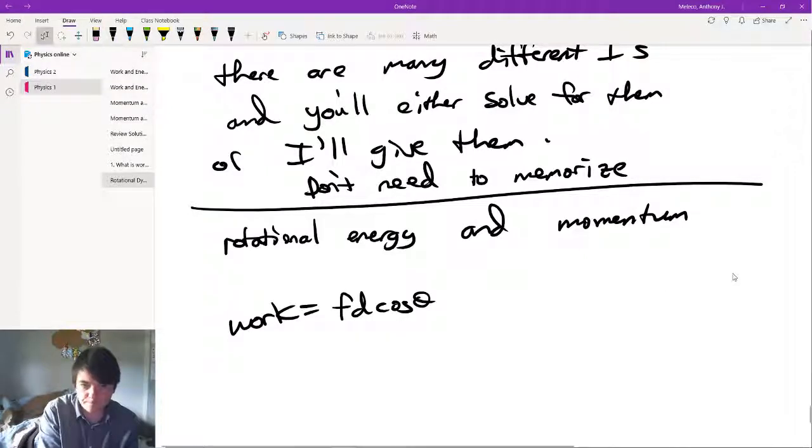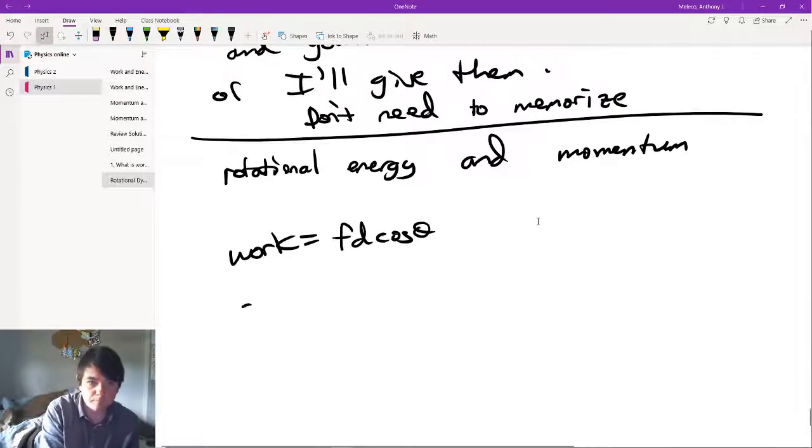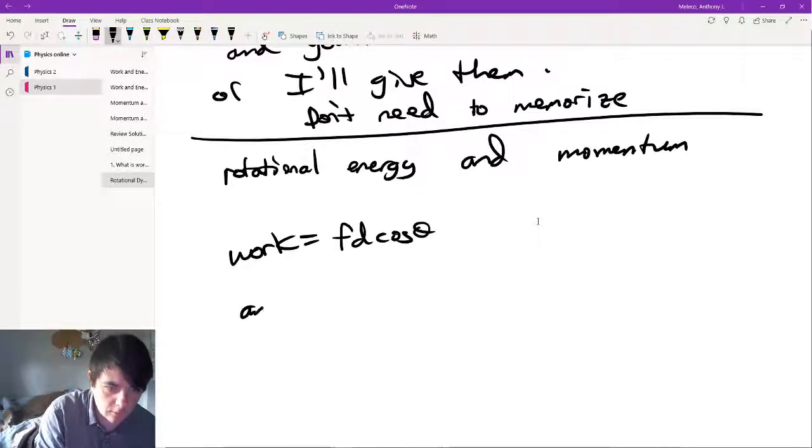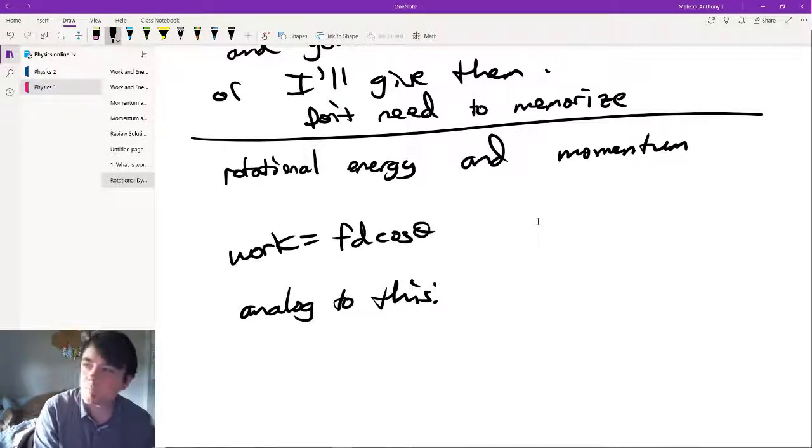The analog to this is work equals tau times change in angular position, so this is your force times change in distance, right? This is your tau times change in angular position. Okay, so it's basically the same thing.